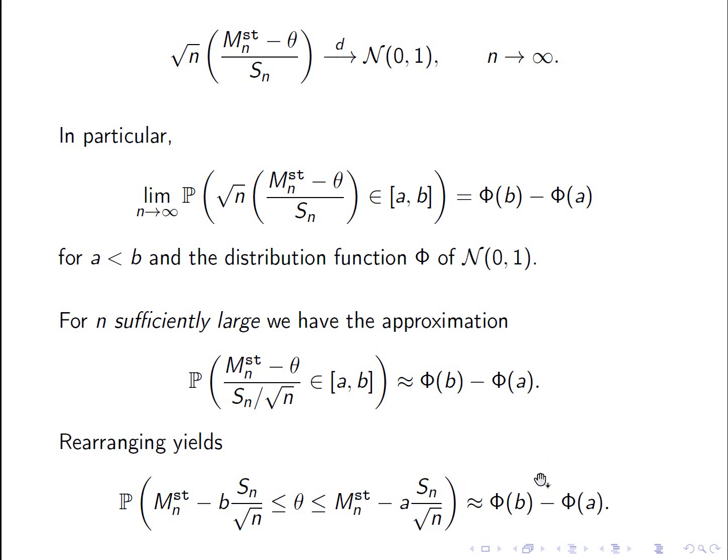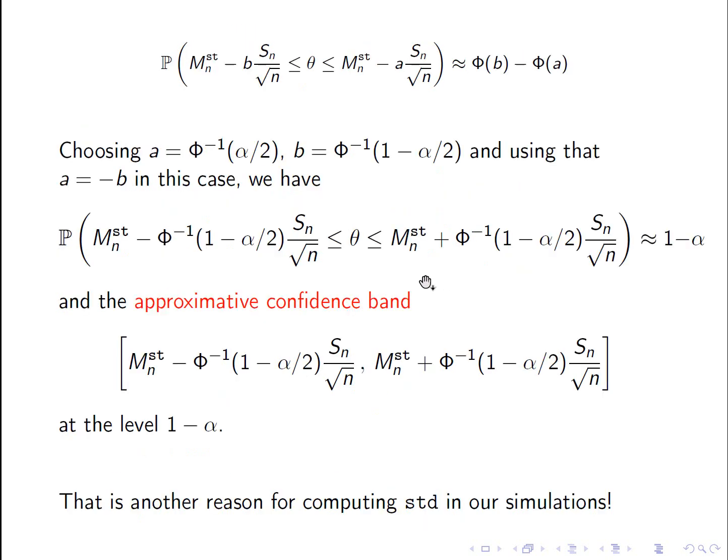Okay, so we compute the estimator minus this expression, and the estimator minus this other expression. Well, we know that approximately theta lies in between these two bounds with this probability, and so we can construct confidence bands. For this we need to choose a and b cleverly.